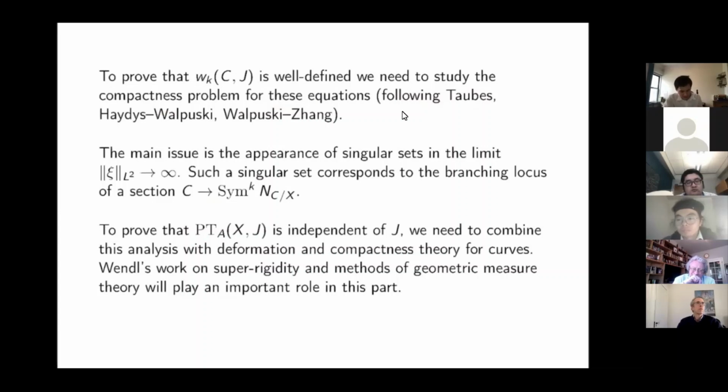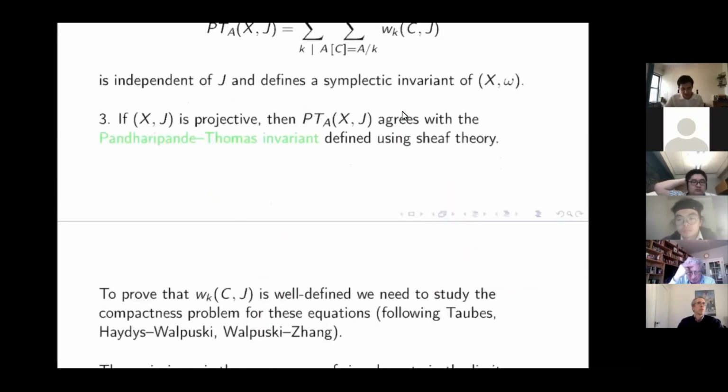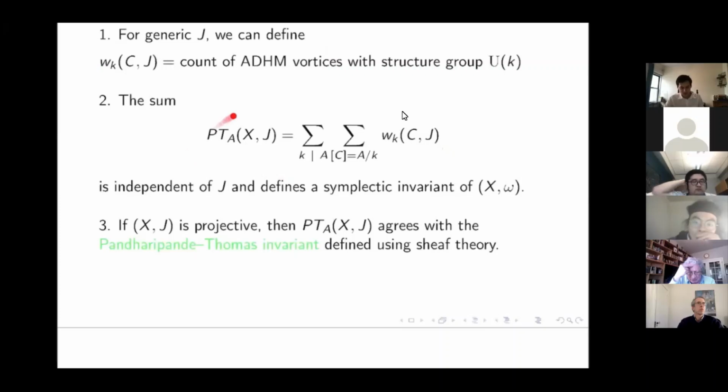I will not talk about this, but even if you can define these weights, to prove that this sum actually is independent of J, you have to combine the theory for the gauge theoretic equations with the theory for pseudo-holomorphic curves and show that all the jumps cancel each other out.